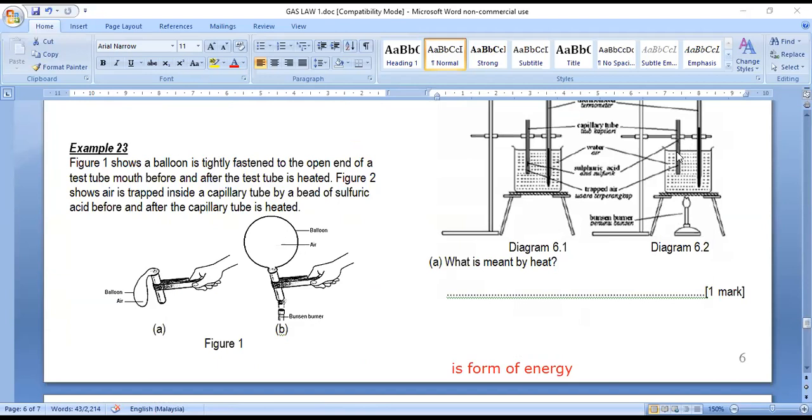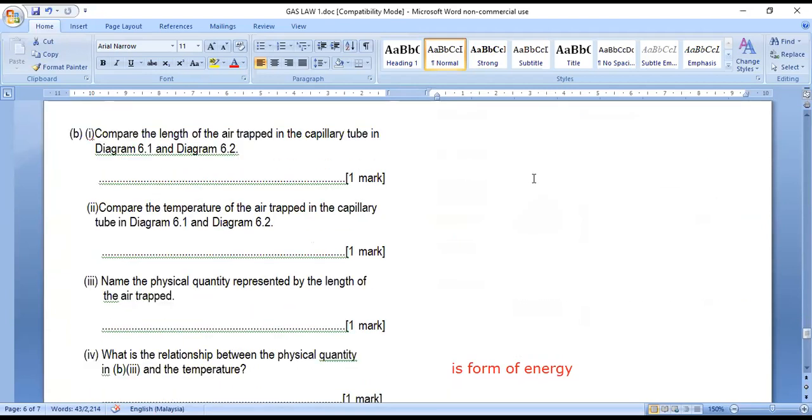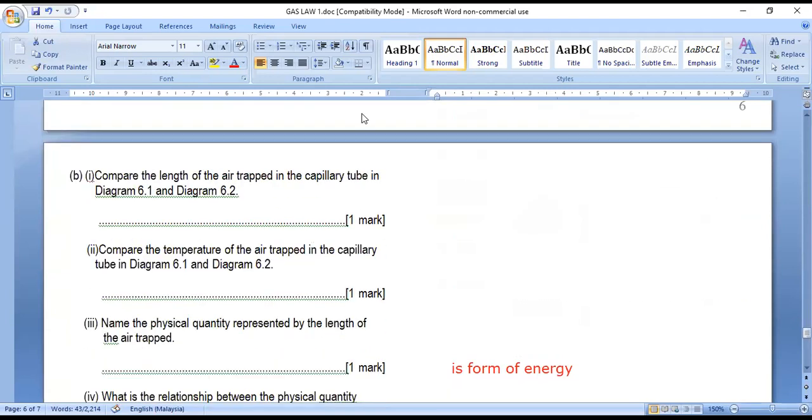You can see this one is longer than this. So you can say diagram 6.2 is greater than diagram 6.1. Compare the temperature, same, so 6.2 is greater than 6.1.